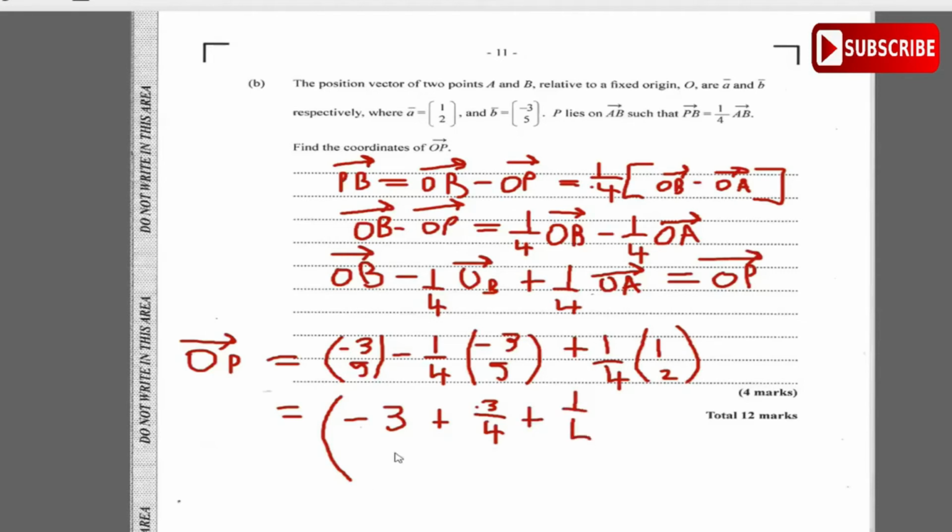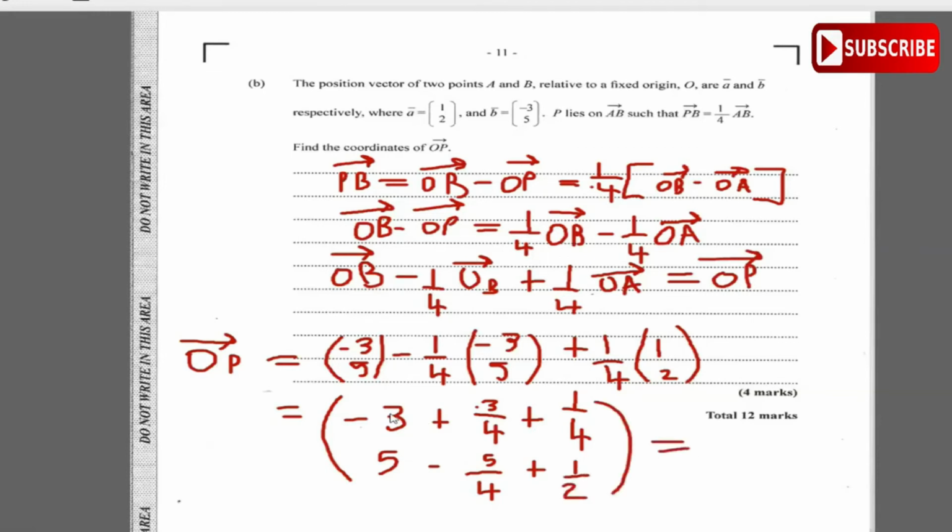Then I have 5 right here. Now minus a quarter times 5 is minus 5/4. Then I have a quarter times 2, which is a half. Nice and easy. So now we can continue.